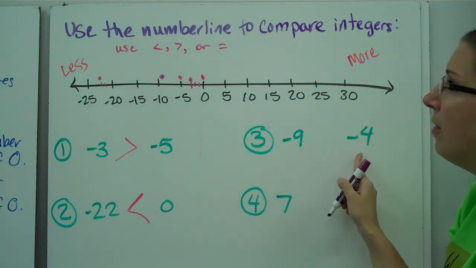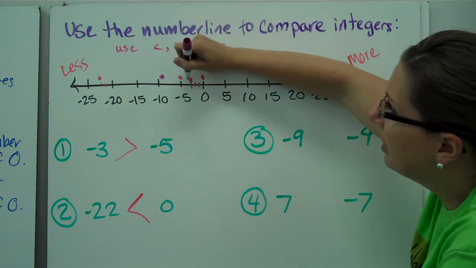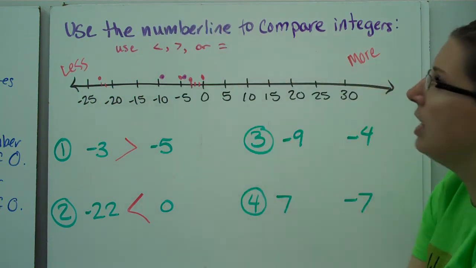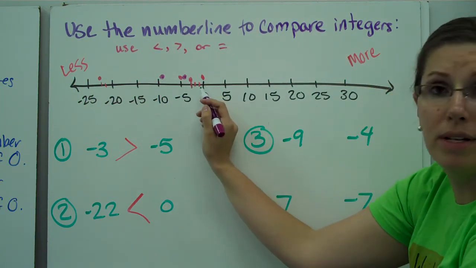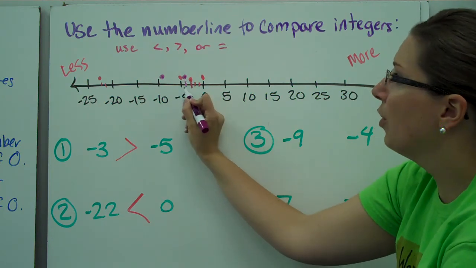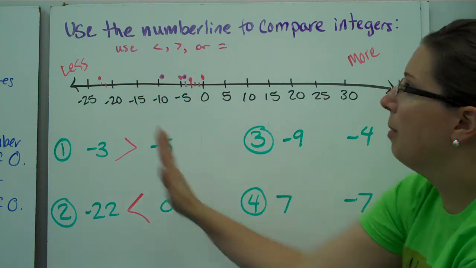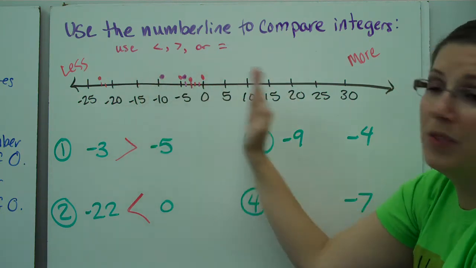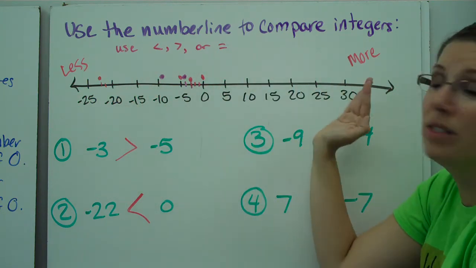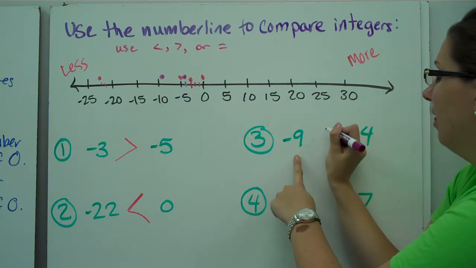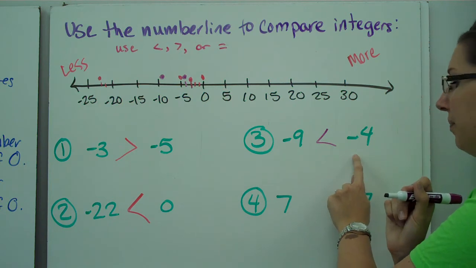And we've got -4. -4 is just shy of -5, so it's going to be about right here. So it's 4 units away from 0 to the left. And then remember, whichever data point is more towards the right is worth more. So -9 is less than -4.